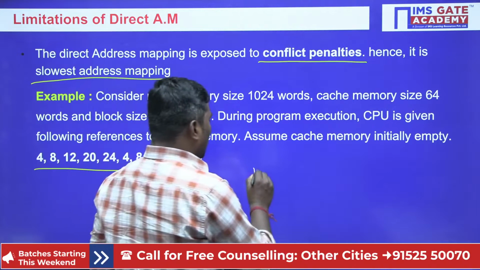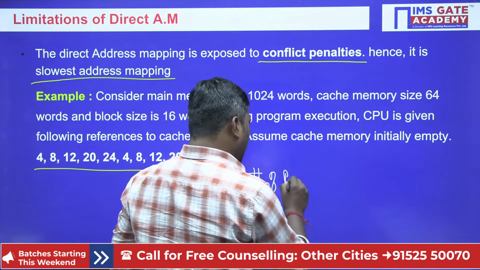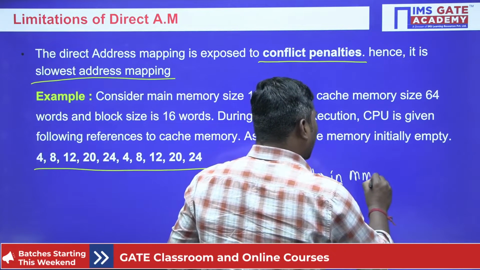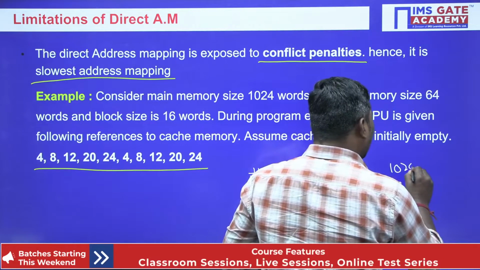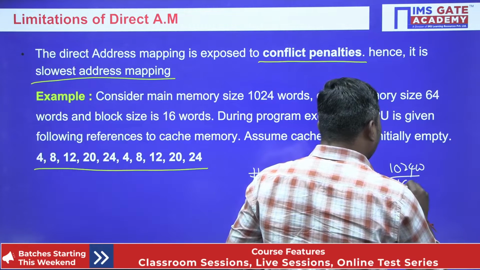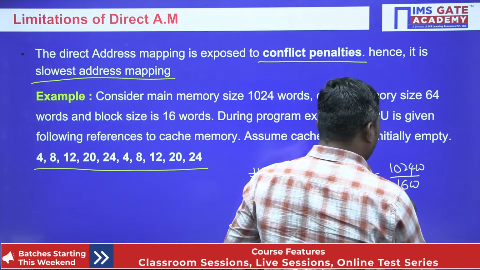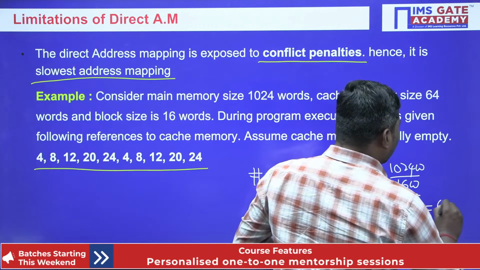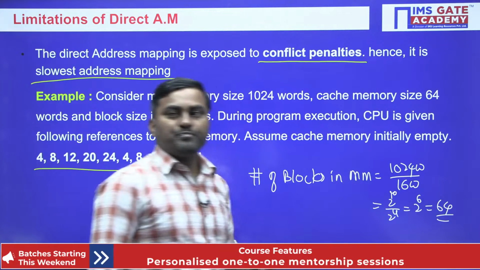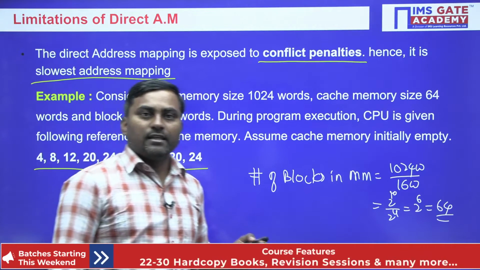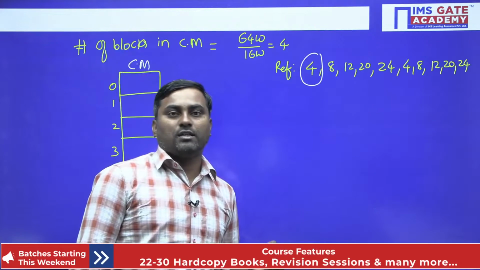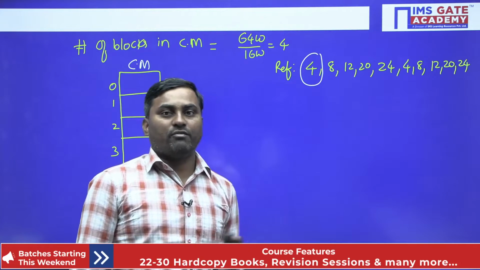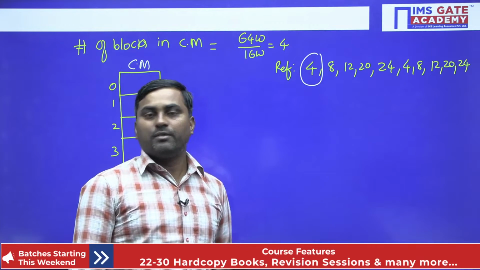The number of blocks in main memory is 2 power 10 by 2 power 4, that is 2 power 6, so 64 blocks are there. These 64 blocks are mapped into 4 blocks of cache memory in this example.